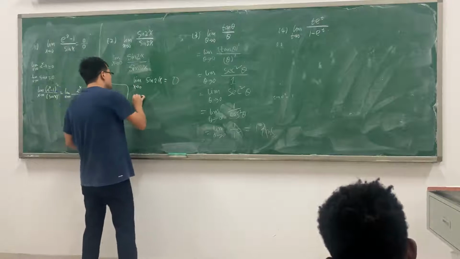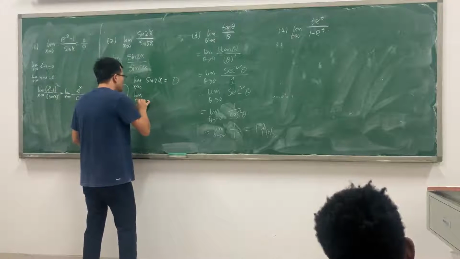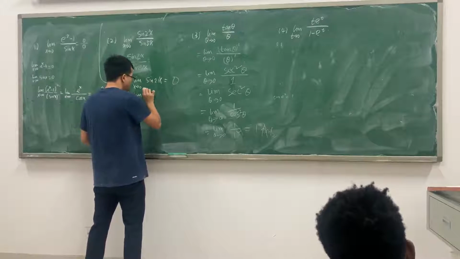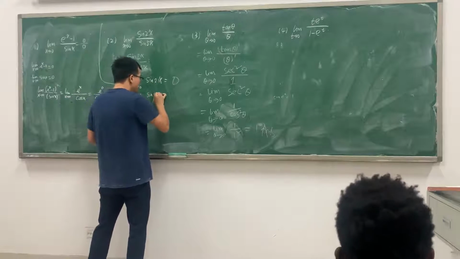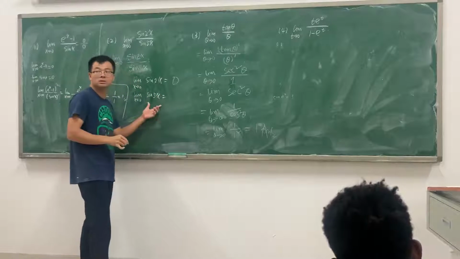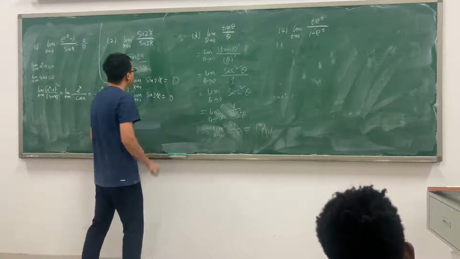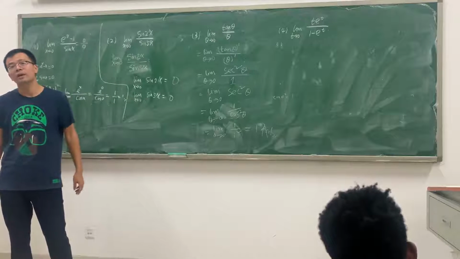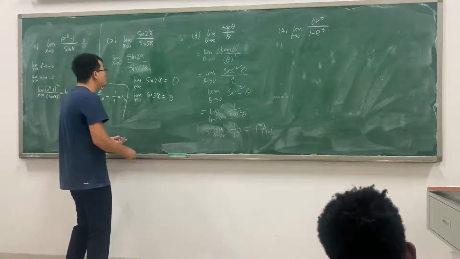And the limit as x approaches 0 of sin 5x, here is what? It's also 0. So 0 by 0, indeterminate form.